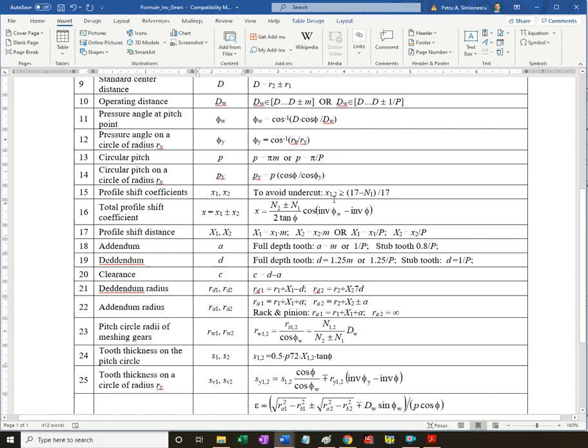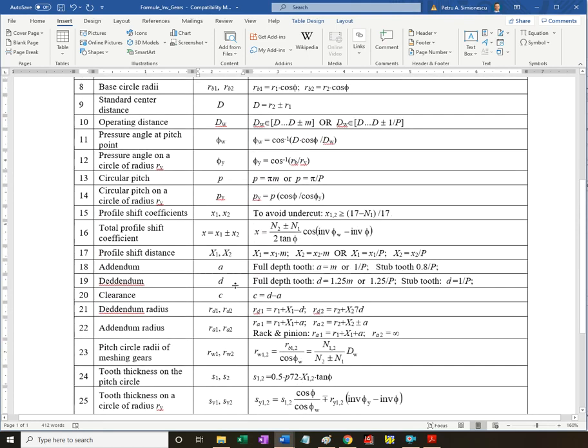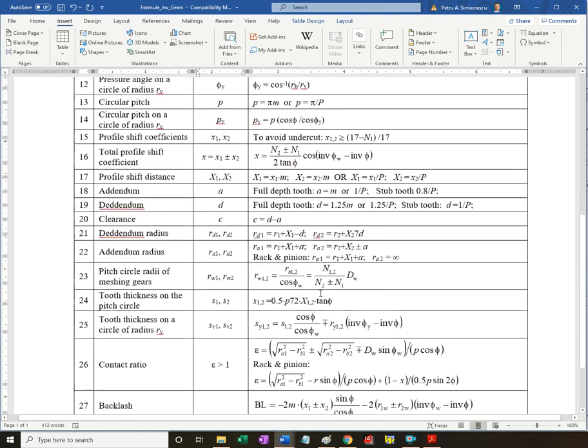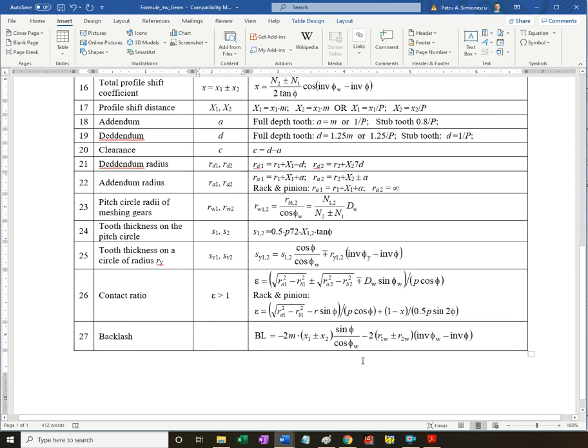And profile shift coefficients. If these are 0, then D equals dW. The addendum, you can see here, includes a profile shift distance, but if x is 0, this is 0.